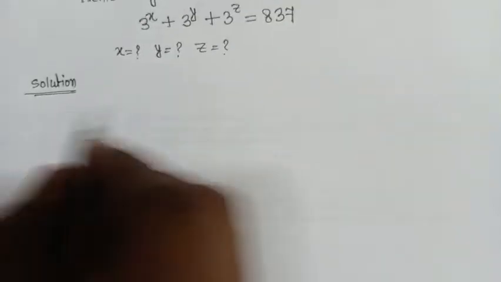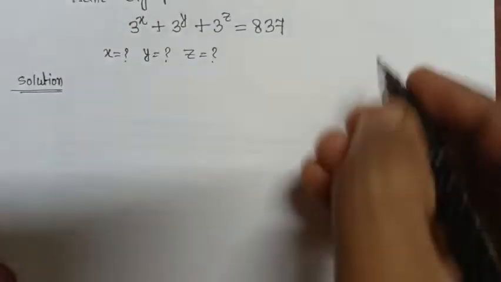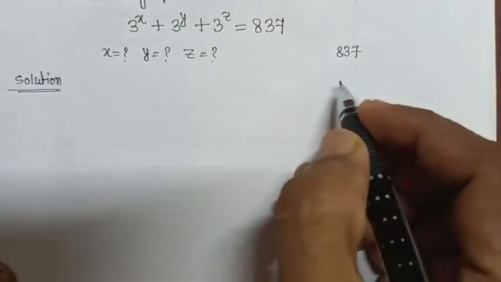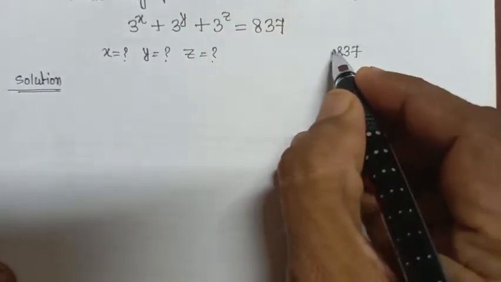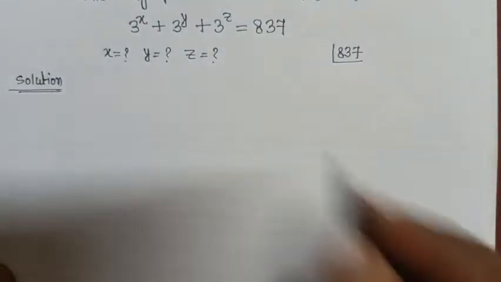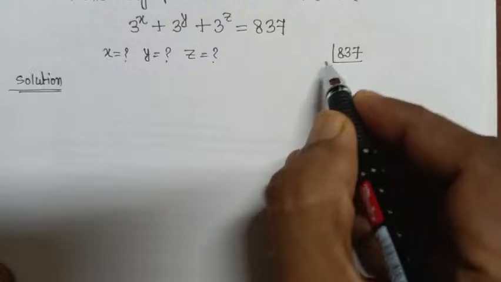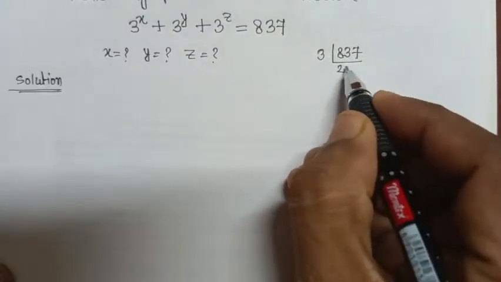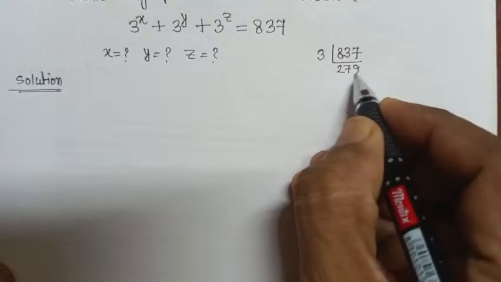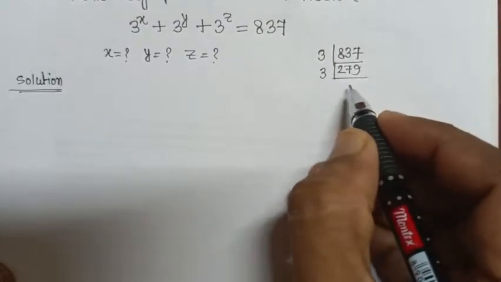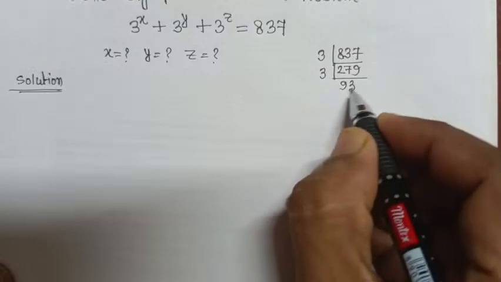So first we factorize the right hand side, 837. Here we are going to factorize by 3. Here we get 279. Now again by 3 we get 93.